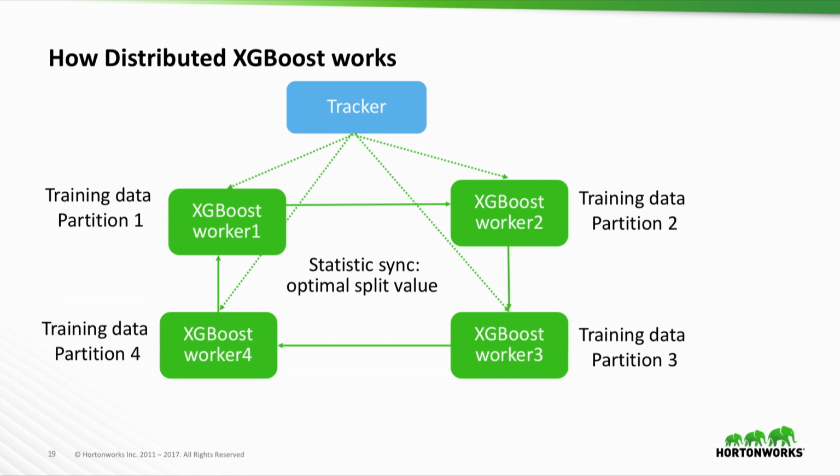Then we use a reduce algorithm, like MapReduce, to synchronize the statistics and finally get the total statistics to grow the tree. For the synchronization of the workers, XGBoost uses the Rabit library. This is totally unrelated to Spark; it's the distributed XGBoost workflow.